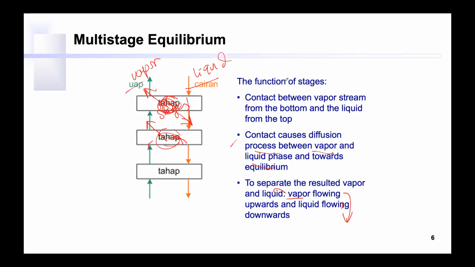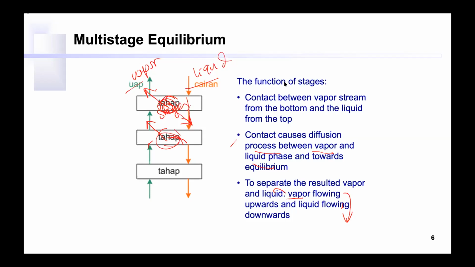For example, this is a liquid coming from the top of this tower, and the vapor comes from the bottom going up, and then there is a contact. We use nature here.